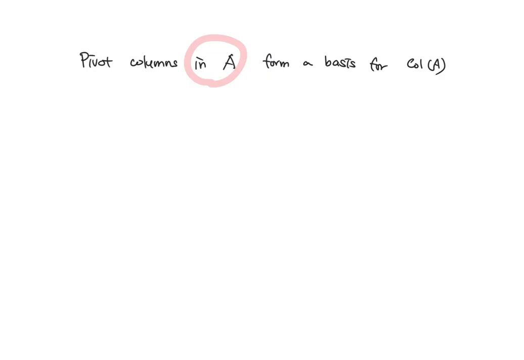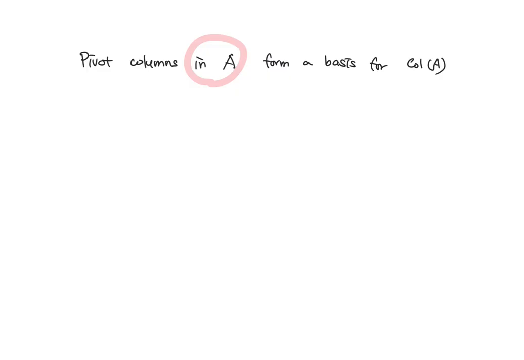I didn't say the pivot columns of the echelon form. I say, or the textbook says, the pivot columns in the original A matrix. That will form a basis for the column space of A. That is the claim in the theorem, right?